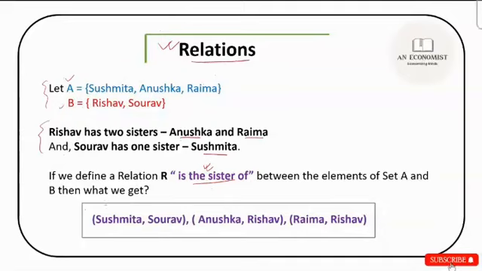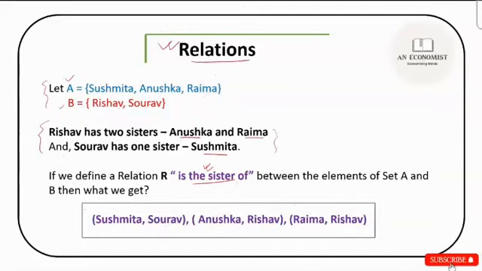So in ordered pair form, you will write Shushmita is the sister of Saurav, Anushka is the sister of Rishabh, and Raima is the sister of Rishabh, right? This is mentioned here. You have to write according to this additional constraint, right? So you cannot take into account all the ordered pairs. You can't write Shushmita Rishabh, Shushmita Saurav, Anushka Rishabh, Anushka Saurav, right?